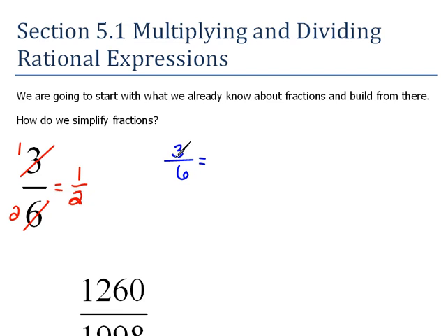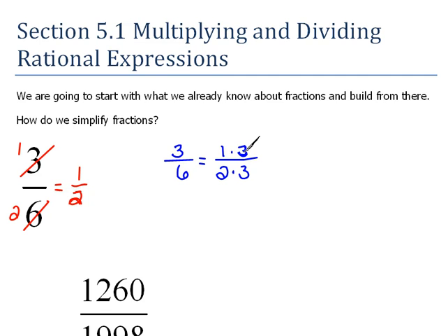Let's say we have the number 3 here. Could we rewrite 3 as 1 times 3? Absolutely. And 6 we could rewrite as 2 times 3. Now, what's really happening whenever we reduce or simplify fractions is that we are canceling out common factors top and bottom.